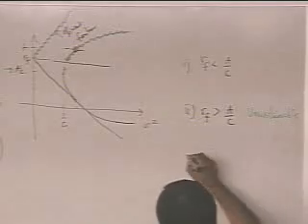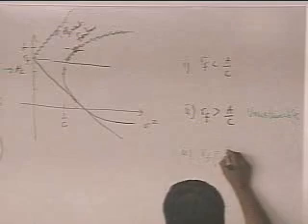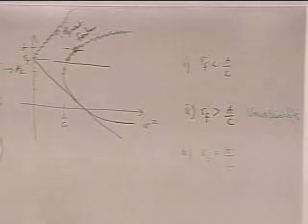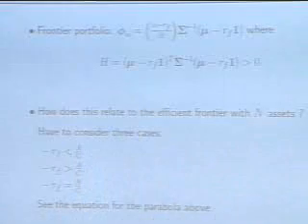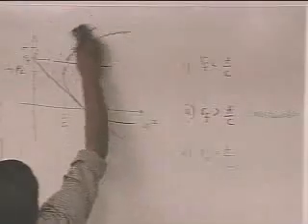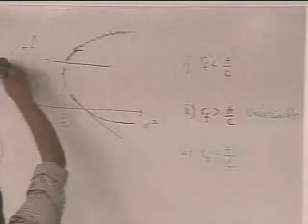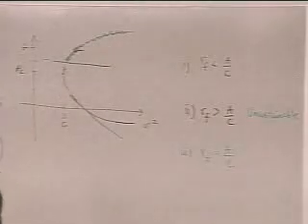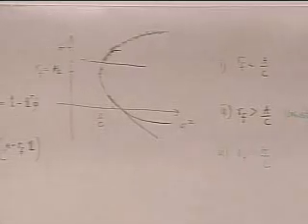Now let's look at the third case where RF is equal to A over C. What happens in this case? When you start just at the corner there, what will happen? Now my RF is exactly equal to this. Again, I know that the efficient frontier looks like a straight line.